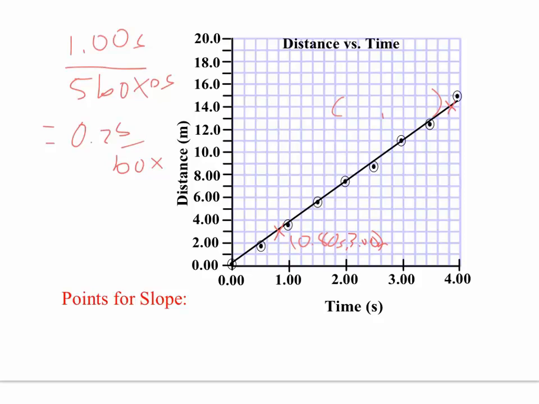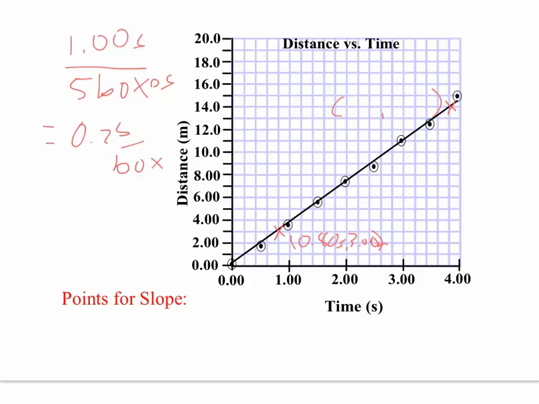Then I'm going to pop up to this next data point. Again, each one of the boxes is worth 0.2 seconds. So here's 3.00, which makes the next box 3.20. This would be 3.40, this would be 3.60, this would be 3.80, and then there's our 4. The time value occurs at the one right before the 4.00, so that's 3.80 seconds.